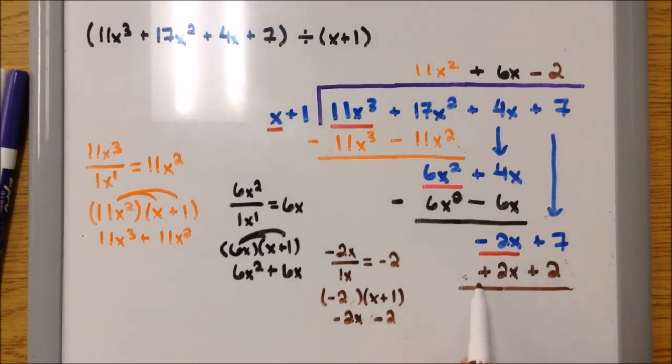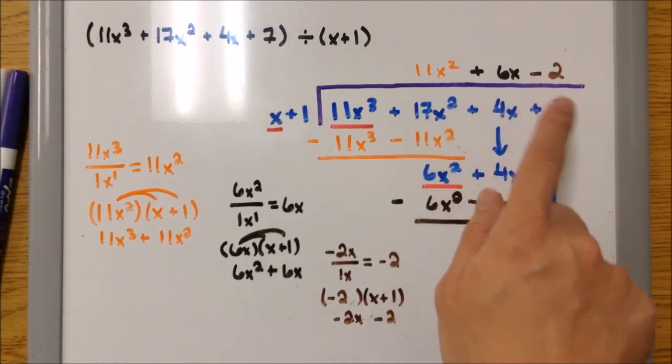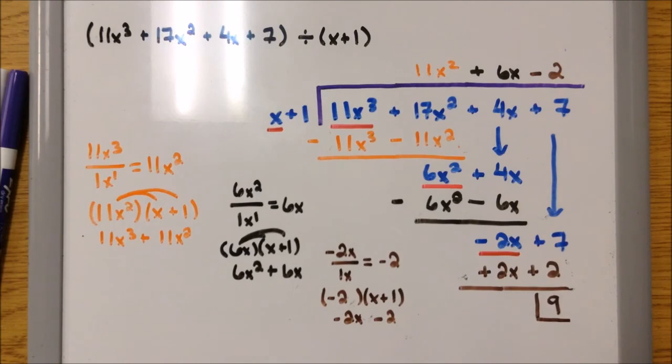Negative 2x plus 2x, that's going to cancel out. Then I'm left with a positive 7 plus 2, that's a 9. And there are no more variables of x, it's just a single number. So this is our remainder. So our answer is 11x squared plus 6x minus 2 with a remainder of 9.